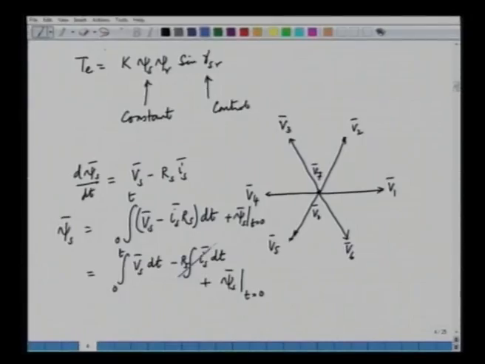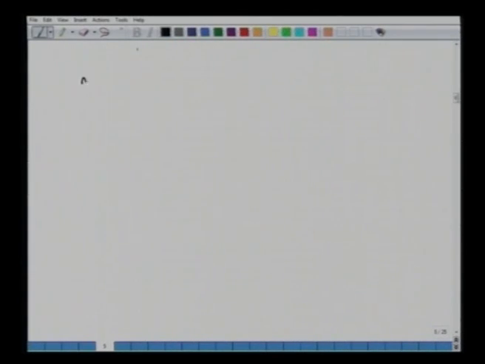We know that the resistance drop is a fraction of the total voltage, so we can approximately say this is equal to 0. If we ignore the resistance drop, we can write the expression as psi s equal to integral 0 to t of Vs dt plus psi s at t equal to 0.